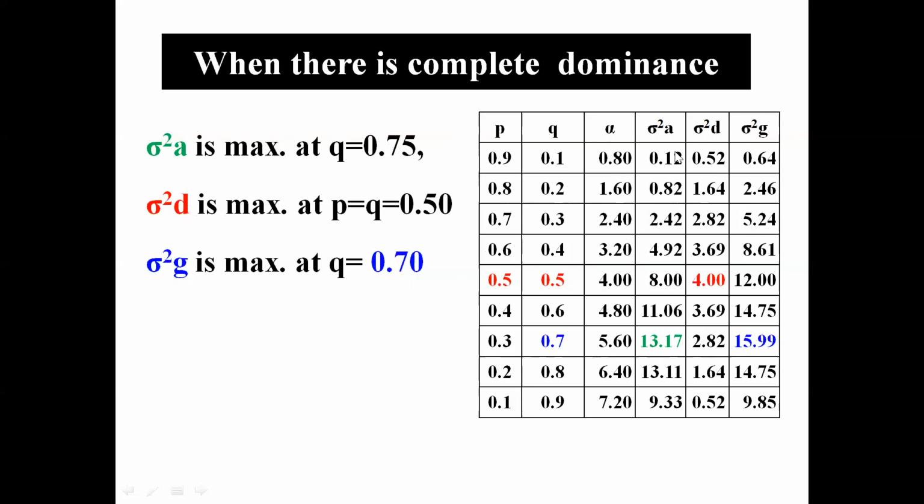You may see this is dominance variance, and this is 4. Dominance variance is increasing: 0.52, 1.64, 2.82, 3.69, and 4, and then again decreasing. So dominance variance is maximum at intermediate frequency, and genotypic variance is maximum at q is equal to 0.7, just similar to additive variance, that is 15.99.